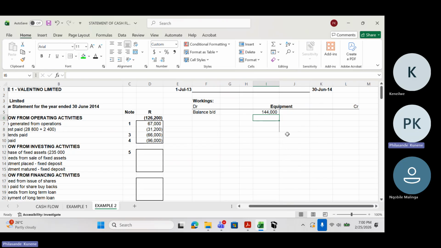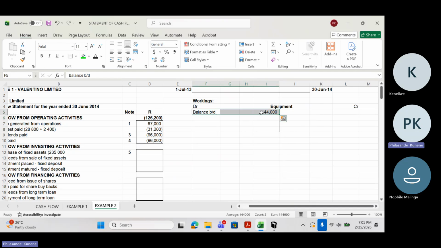There is that formula that we need to look at when dealing with fixed asset notes: cost at the beginning plus additions minus the cost of the asset disposed is equal to the cost at the end. That's the formula I showed you when we were doing balance sheets, the fixed asset note. So that's what we're going to do here.